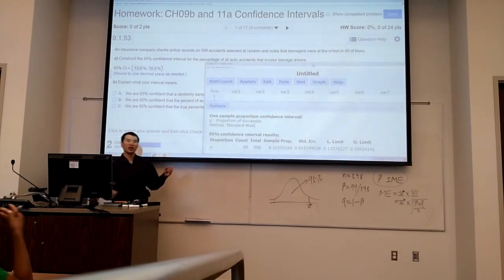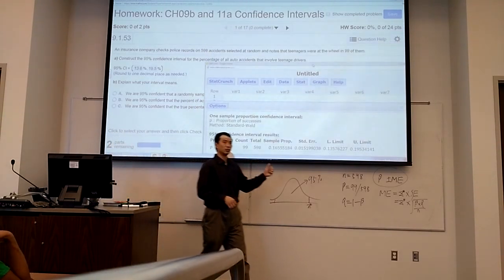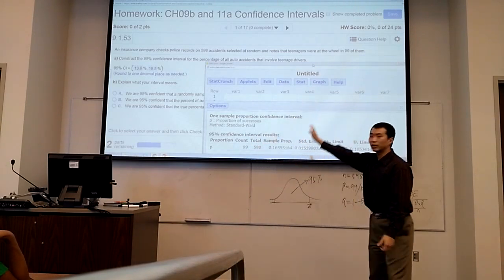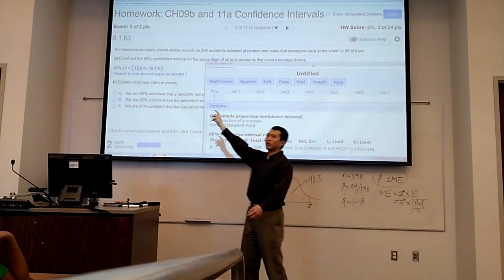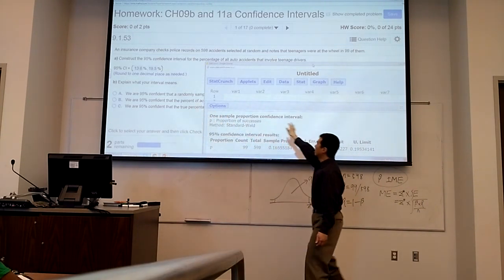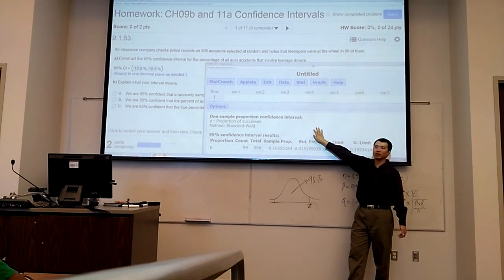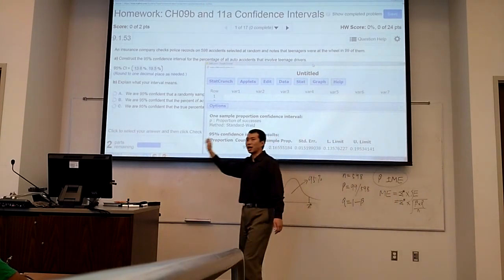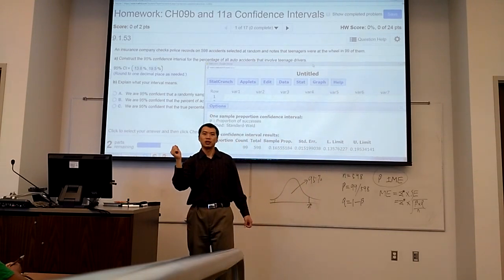So this is how we calculate the confidence interval. When you have a question like this, construct 95% or 90%, whatever percent confidence interval, let's use the confidence interval function in the stats. Remember, we need to select the proportion stats.